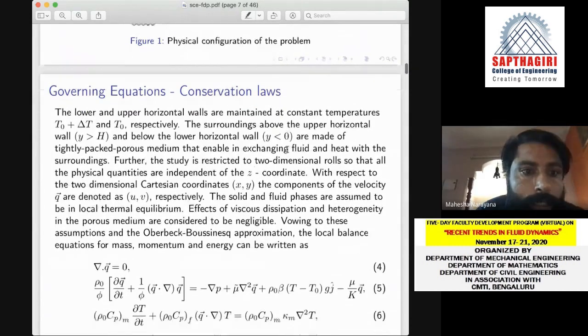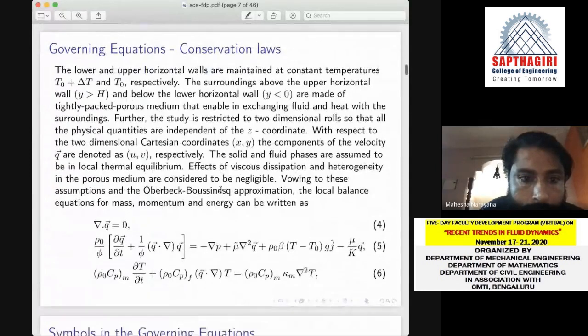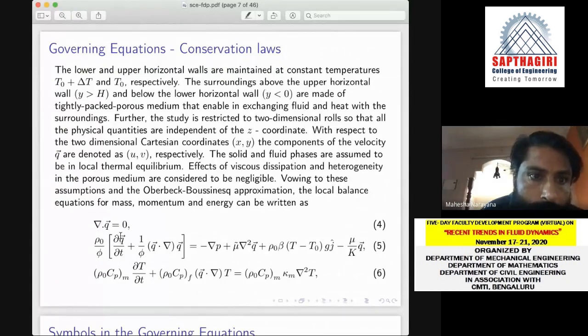So equations 4, 5, and 6 are written in vectorial form, which govern these basic equations of fluid mechanics that are suitably written for the particular problem which is on hand.